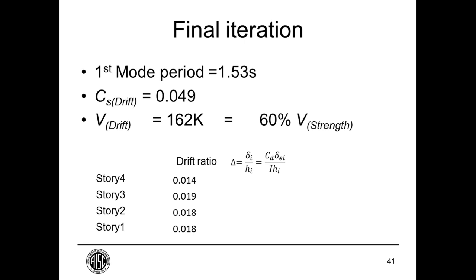Yeah, so we discussed this a couple of weeks ago. In the drift limit, the ASCE 7 minimum or maximum drift for this building could be 2.5% because it's only a 4-story example.